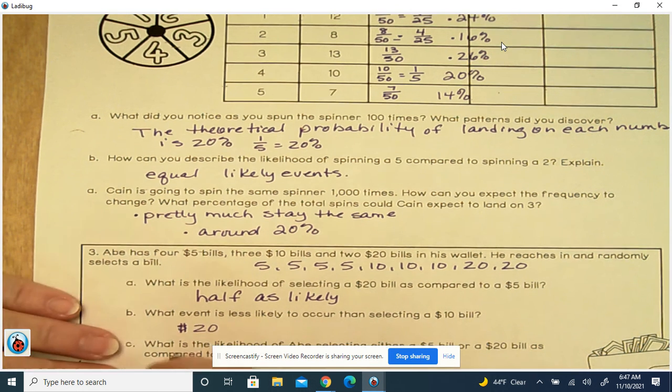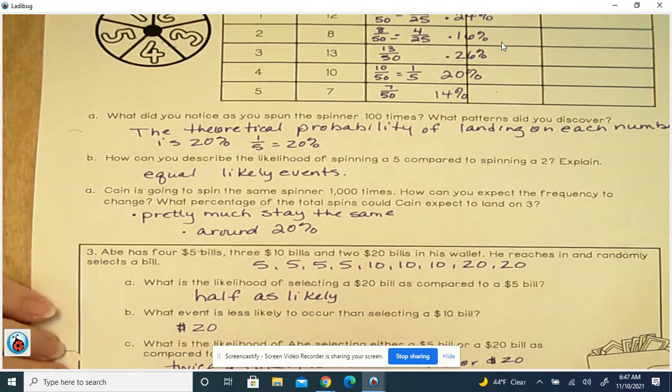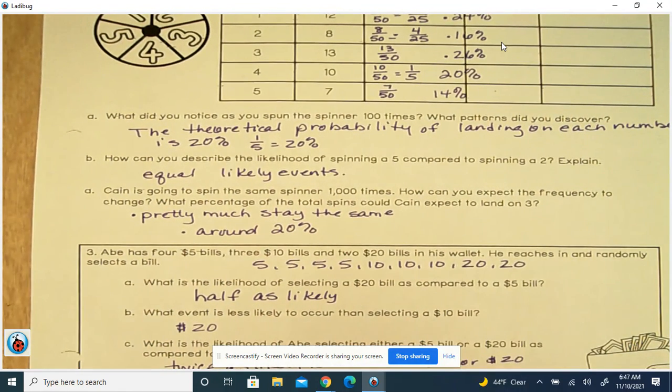It's twice as likely to select a $5 bill or a $20 bill, because together there are still more than the 10s.